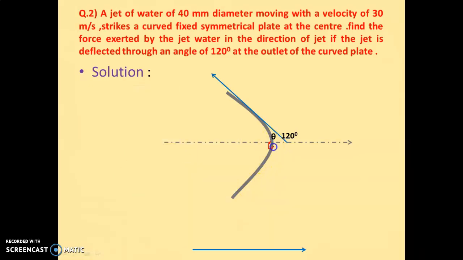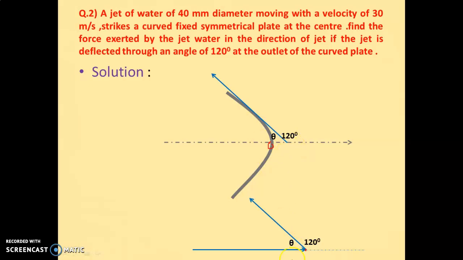After striking the curved plate at the center, the jet will get deflected. Now how much does it get deflected? It gets deflected by 120 degree. So the angle of deflection is 120 degree, and this angle is theta, the angle between the tangent and the horizontal.